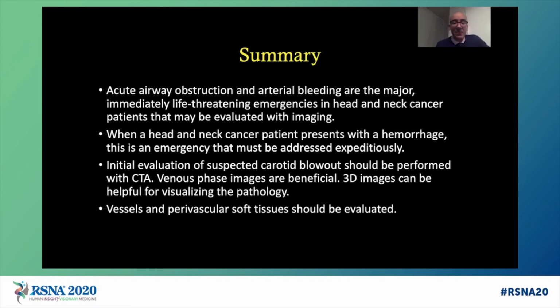As we mentioned, venous phase images are beneficial to get a better handle on what's going on in the soft tissues, because we know that exposure of the vessel to necrotic material or pharyngocutaneous fistula increases the risk for damage to that vessel. 3D images can be helpful for visualizing the pathology. And as we said, we should evaluate both the vessels and the perivascular soft tissues.